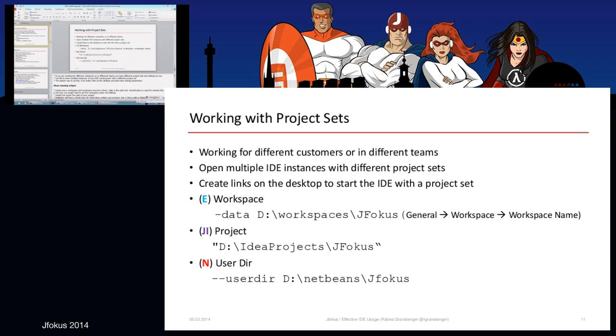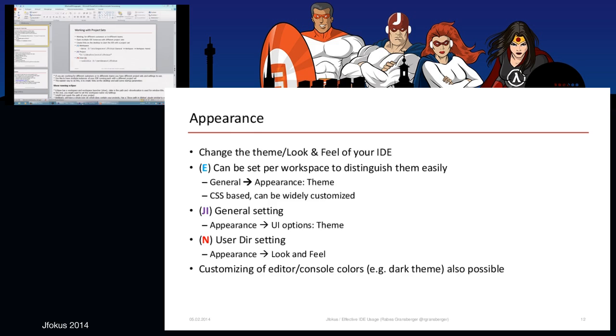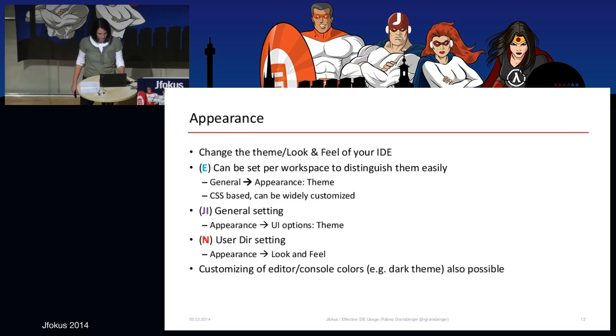So I don't have this nasty workspace launcher, which makes everything very slow. And here you can see I gave the workspaces different names, so I can read them directly here. Let me try out this pointer. So here you have the JFocus name, and here you have the Java user group name, so you can easily distinguish them. So let's go back to the slides.